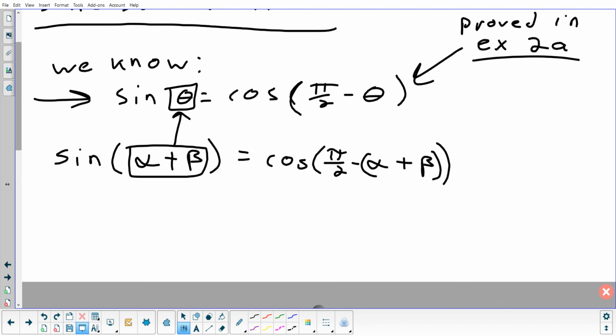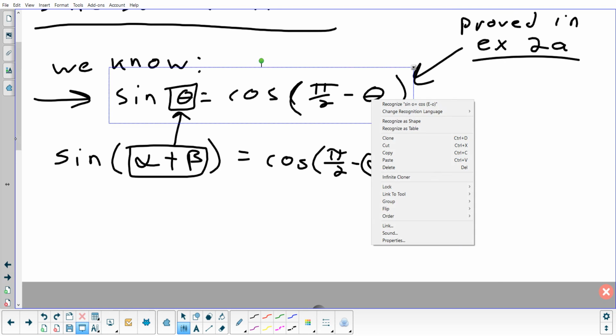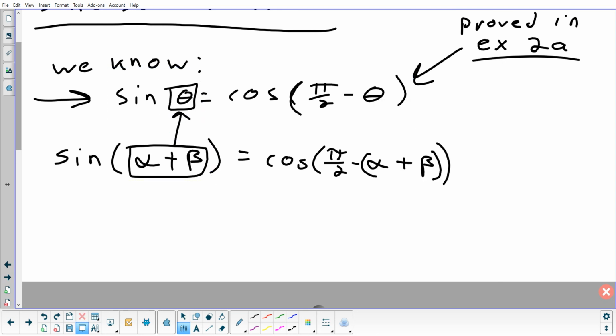And you do need parentheses around that alpha plus beta because you're subtracting all of theta, and we're replacing all of theta with this. So you're subtracting that whole thing. Okay, any question on the first one?